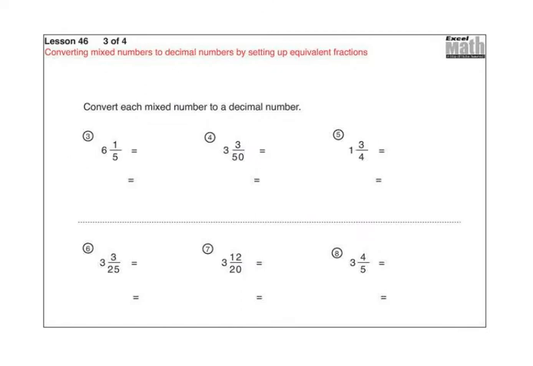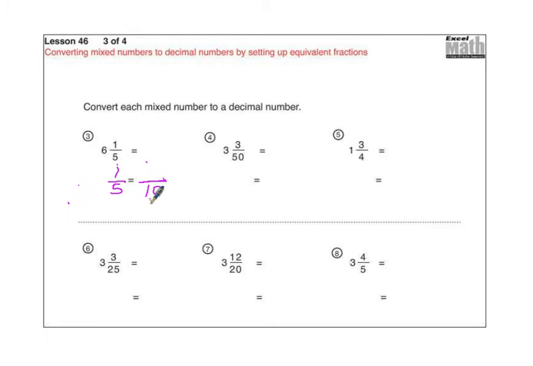All right, number 3, get ready to write. We're going to do this one together. 6 and 1/5, changing that into a decimal. We don't have fifths in decimals, only tenths, hundredths, thousandths, and so on. So what we're going to do is down below here, everybody write 1/5 before that equal sign. Now after the equal sign, we want to put a fraction bar, and then we're going to start with the number 10 to see if we can change 5 into 10.